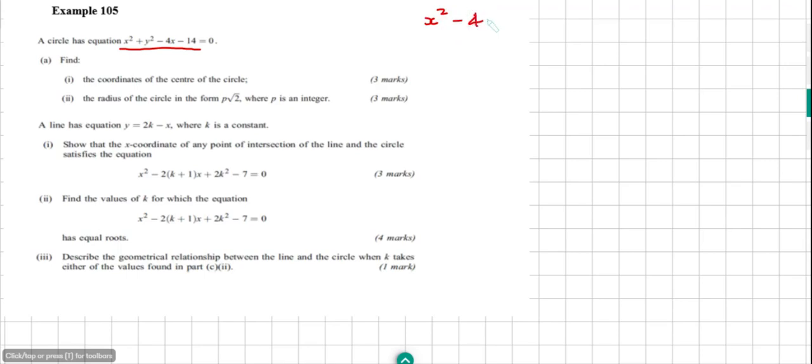So we've got x squared minus 4x plus the y squared minus 14 equals 0. So if I try the completed square on this first part here, x squared minus 4x, I'm going to have an x, and then minus the half of the coefficient of the x term here. So for half of it, I get -2.